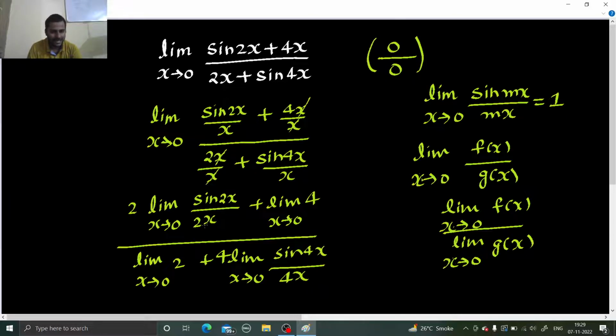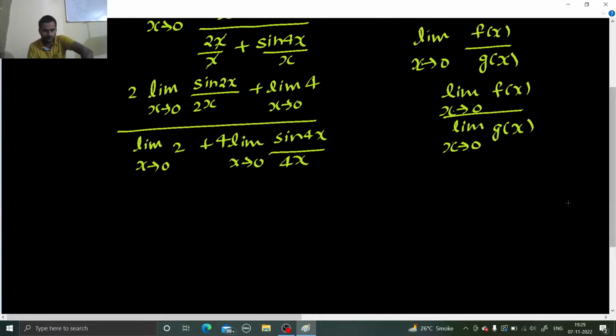So sine 2x by 2x at limit x tending to 0 is going to give you 1. So 2 into 1 plus 4. 4 is a constant and can come out, since no term of x is there, you will get that constant only. And here again you will get 2 only.